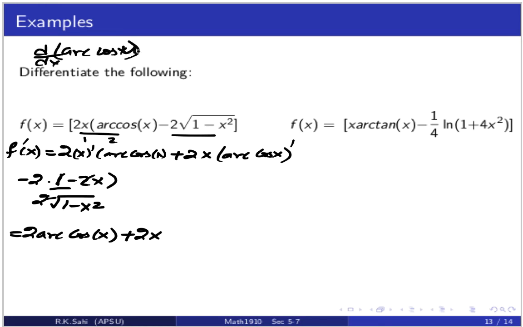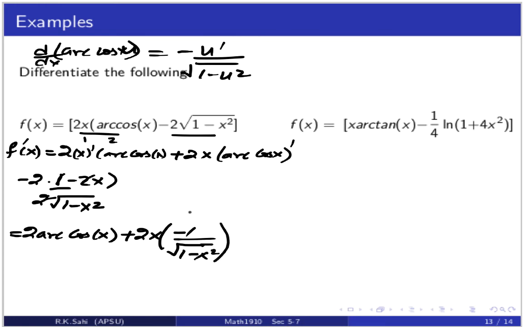Now the differential of arc cosine x, which is the normal one, is, for a function u of x, minus u prime over square root 1 minus u squared. So x differential is 1, so it's going to be negative 1 over square root 1 minus x squared.